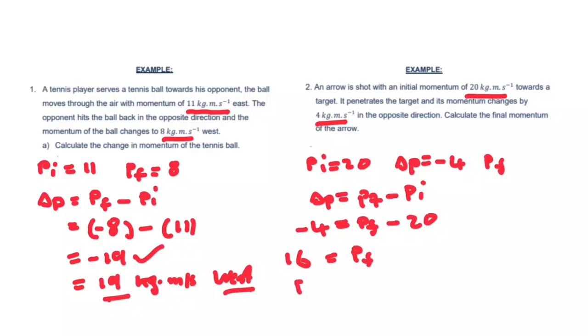So the final momentum is just equal to 16 kg meters per second towards the target. It's positive, so it must be towards the target.